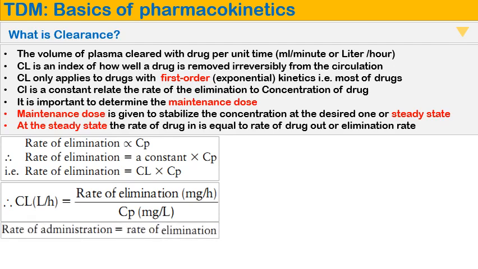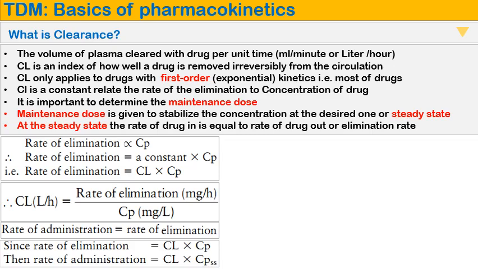At the steady state, rate of administration equals the rate of elimination to maintain the plasma concentration at the steady state. So, since the rate of elimination equals clearance times plasma concentration, we can substitute the rate of administration for the rate of elimination.